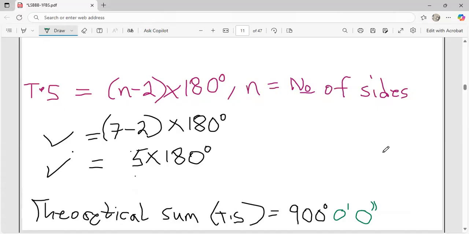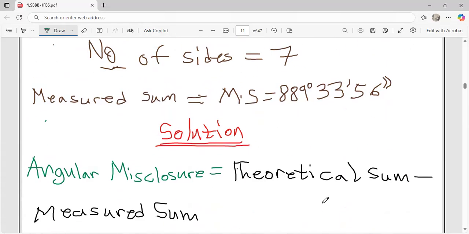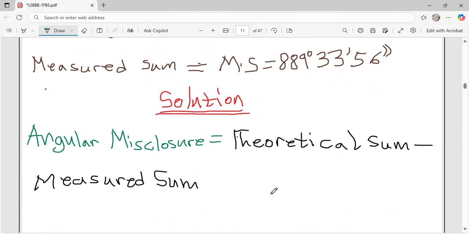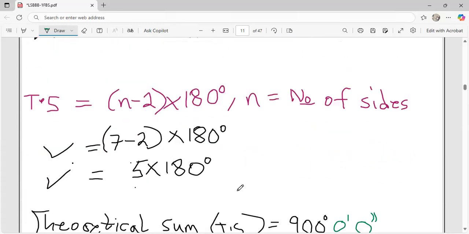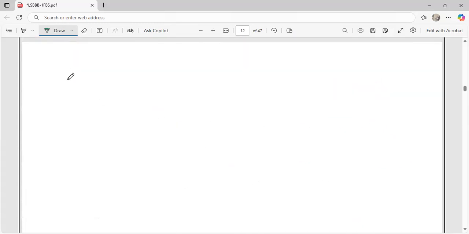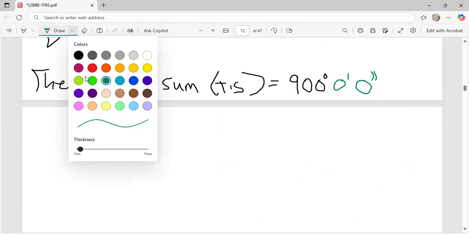So from there, we just substitute our values into our angular misclosure.